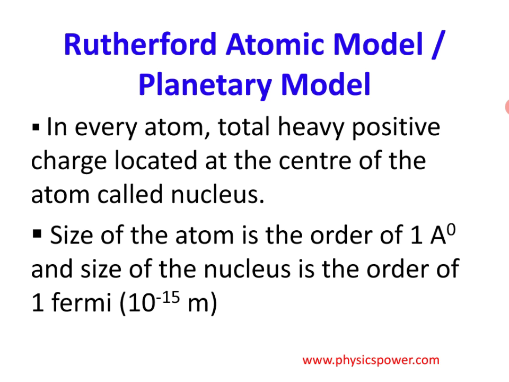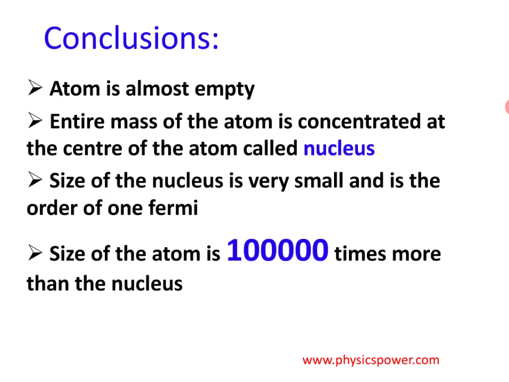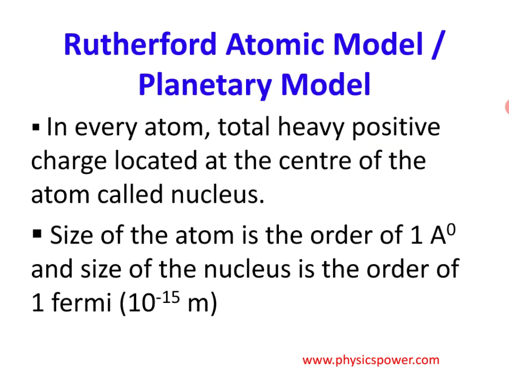So he concluded that the size of the atom is 1 lakh times more than the nucleus. Most of the mass is contributed by the positive charge located at the center, and it occupies very little space.